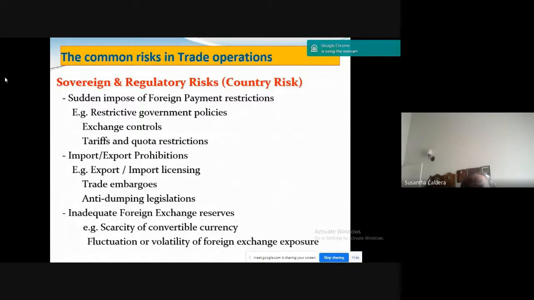The US nostro account. When the money goes to the US for the payment, if the transaction touches Iran, they will freeze the money.